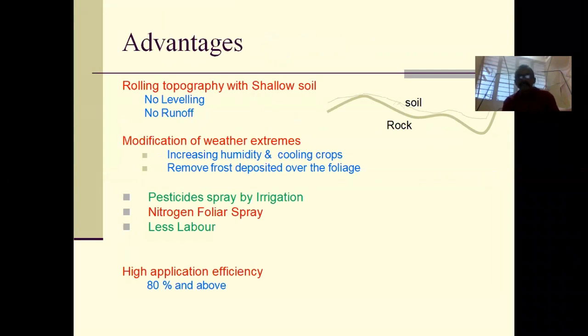Sprinkler irrigation can be very well used when we want to modify weather extremes. In tropical countries like India, in summer, we get a very high temperature. For instance, when we grow groundnut crops in summer, even if we apply water, the groundnut crop will not be able to take water because of the extreme heat.